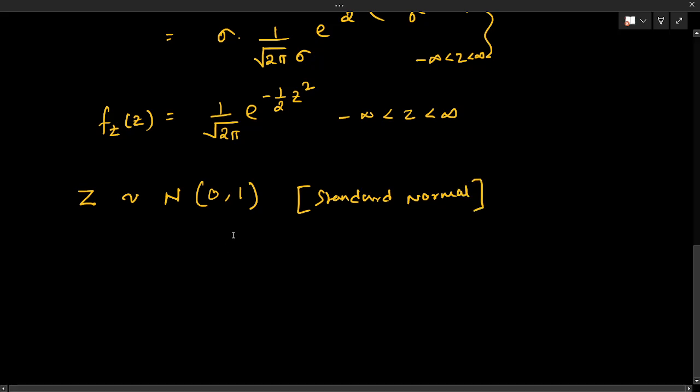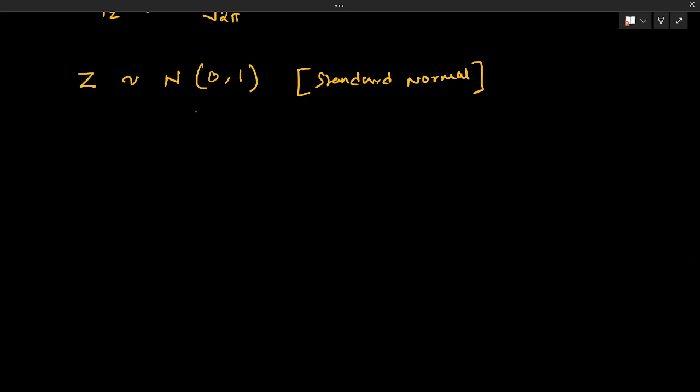Now there is a second transformation. The second transformation is y equal to z square. From here we can also determine the range of y.